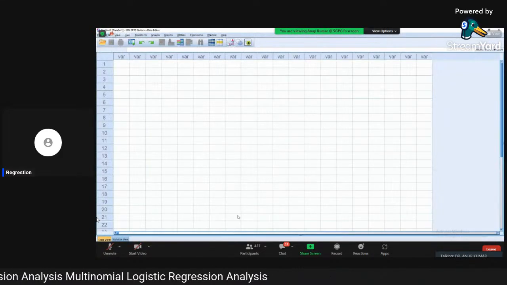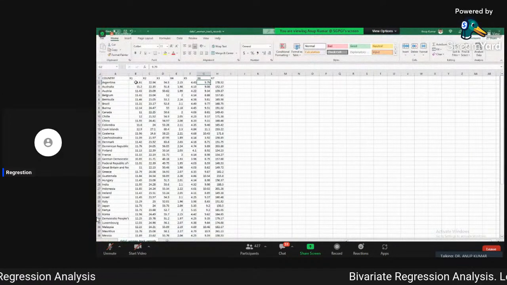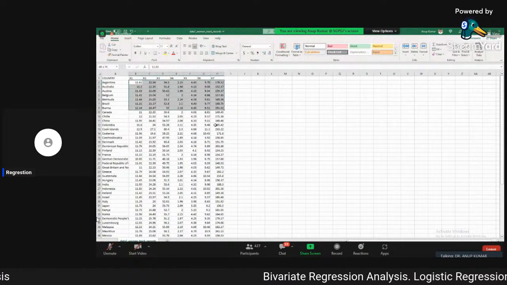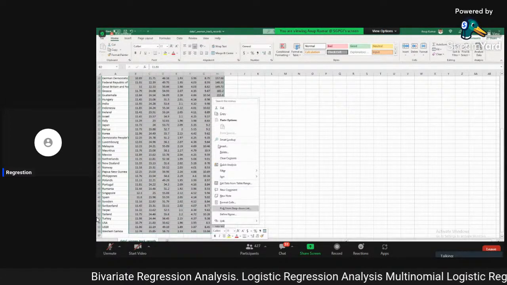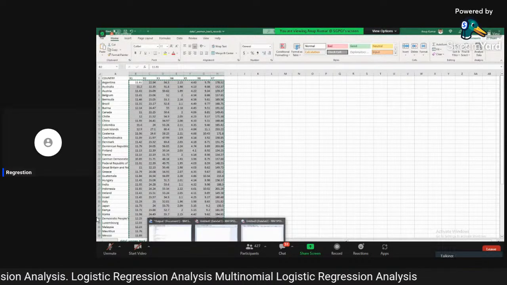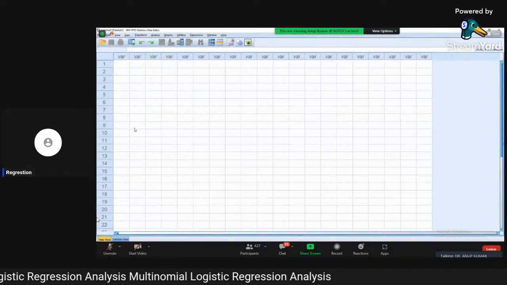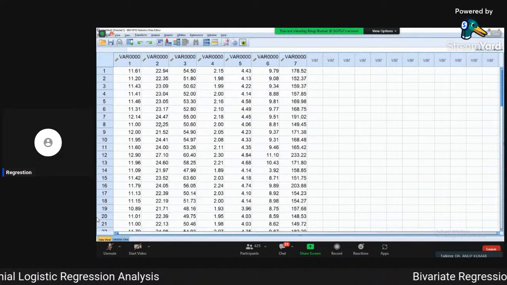So what I will do right now is simply copy this data set from here, go to the data view, and paste it here. Okay.